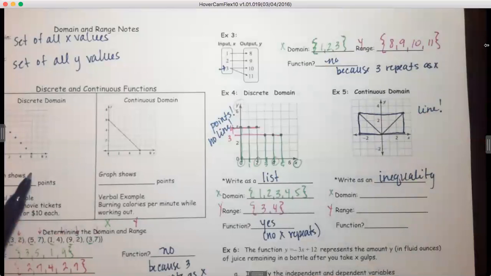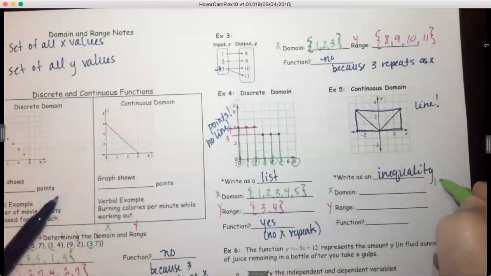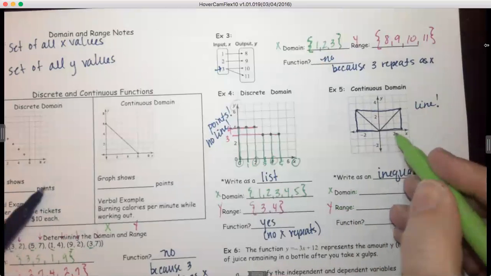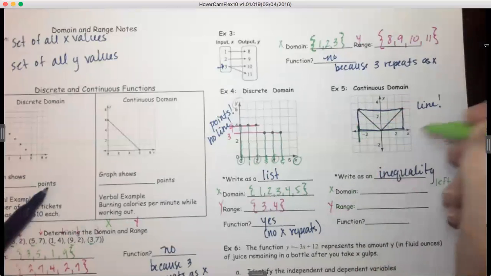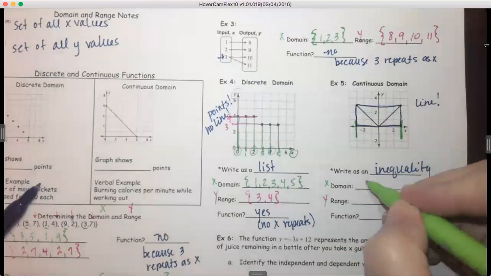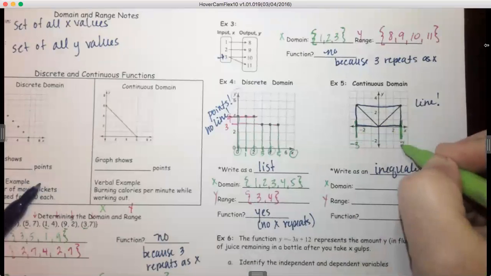Now we know that domain is X. That means domain is left to right, because here's our X and it goes left to right. So I'm going to go all the way left and all the way right, as far left as you can go and as far right as you can go. So I'm going to write this as, let's see, this is -3, this is +3.